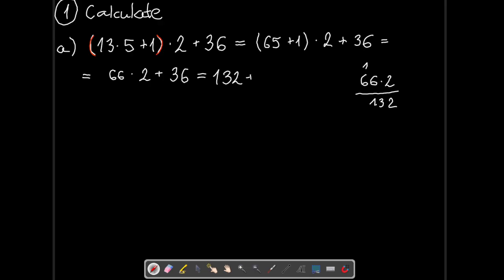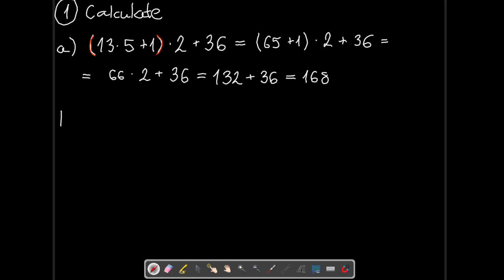And then we just need to add 36. We know that the sum of these two numbers here is 168. And that is the result of this problem. You can delete that, it was just for a little help here.